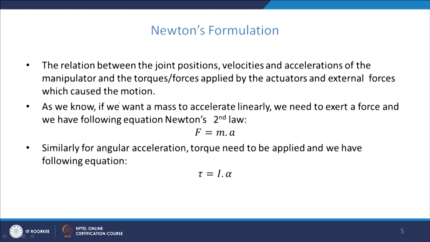So, the Newton method is basically the second law of motion, Newton's law of motion, which is force equal to mass into acceleration if it is a linear motion. If the joint is a prismatic joint, we can apply the linear motion equation, and if the motion is a revolute one, then the torque causing that revolving motion is equal to the inertia into the angular acceleration.